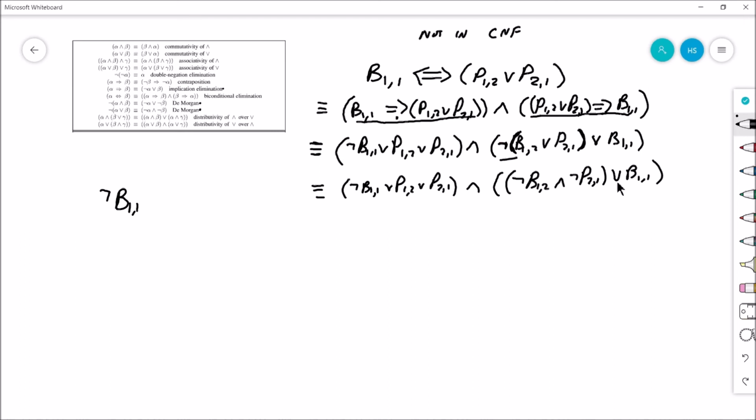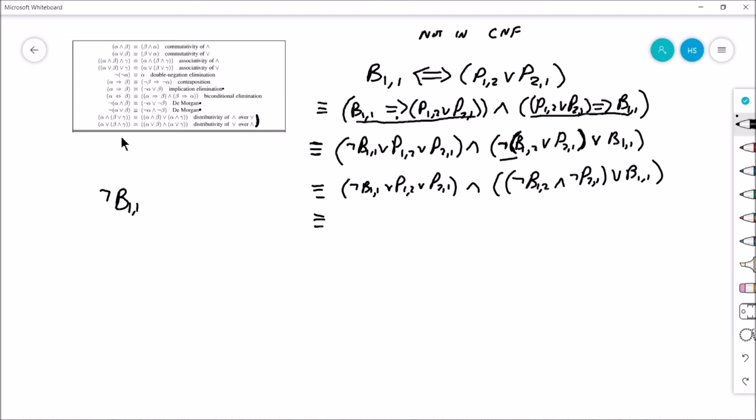So we're getting closer. Now we'll finish it off by applying one more equivalency, the distributivity laws, on these parts right here.